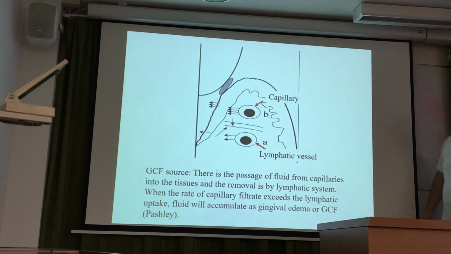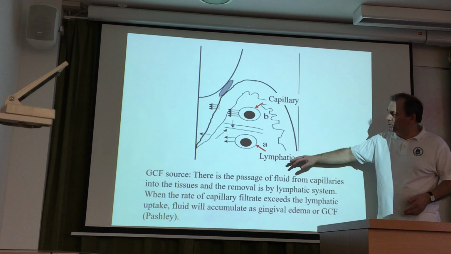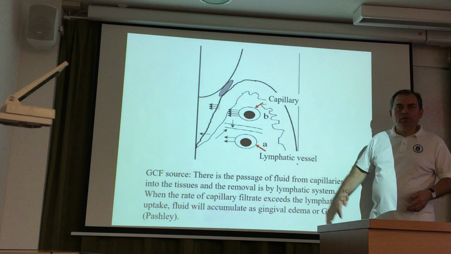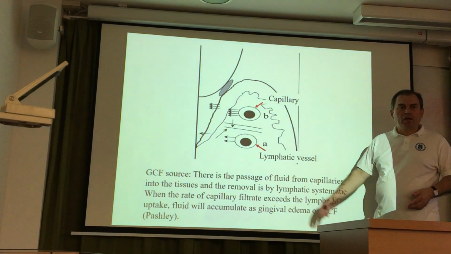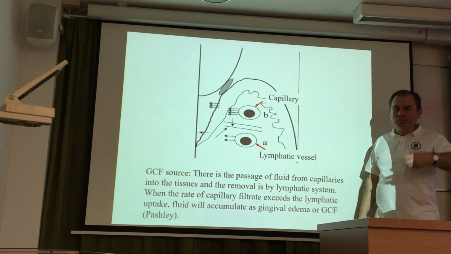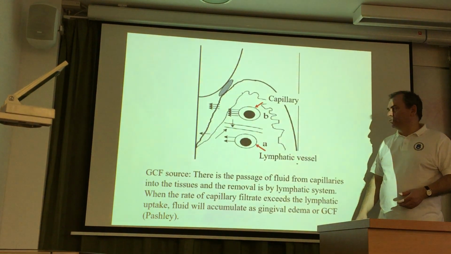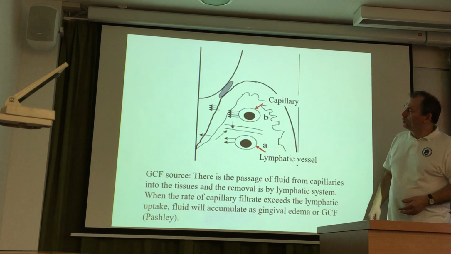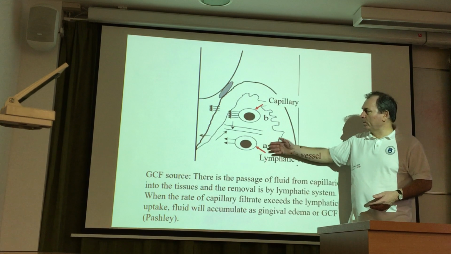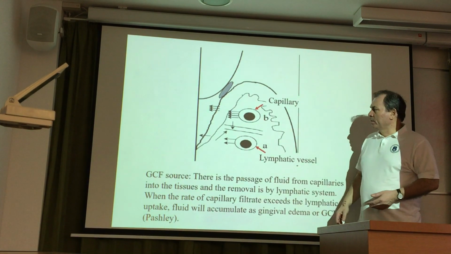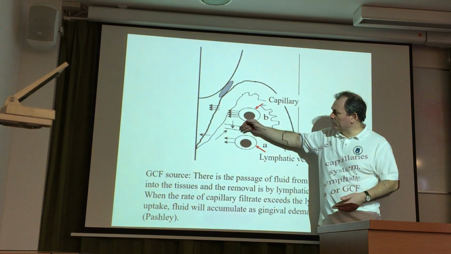And as I mentioned, normally it is a transudate. So we have the vessels, and from the vessels part of the plasma is passing to the extracellular space.